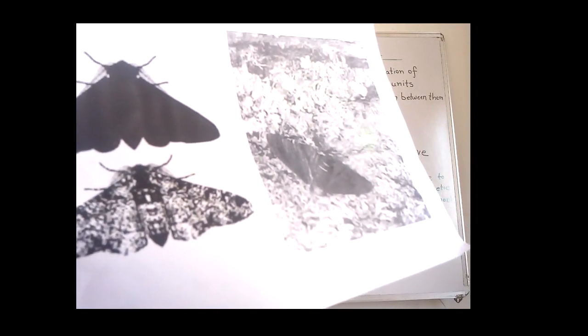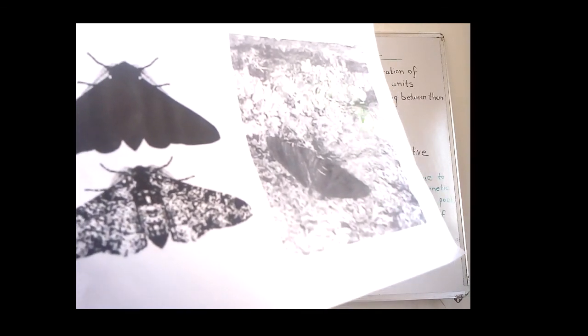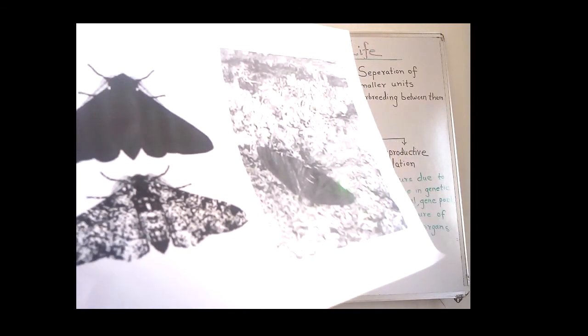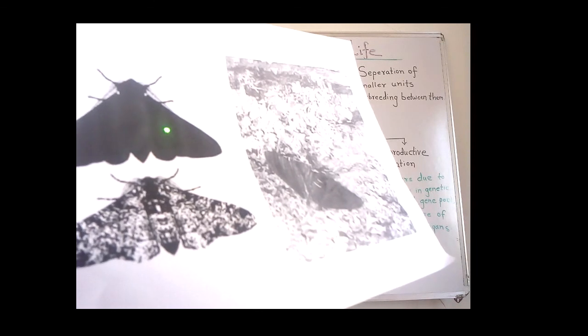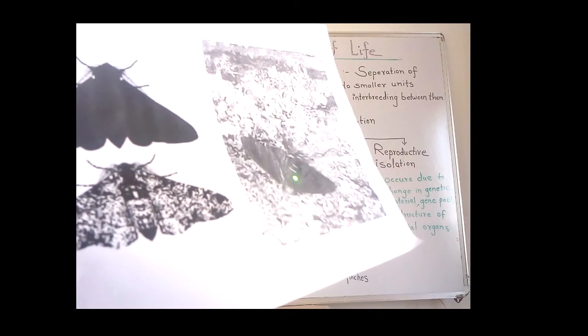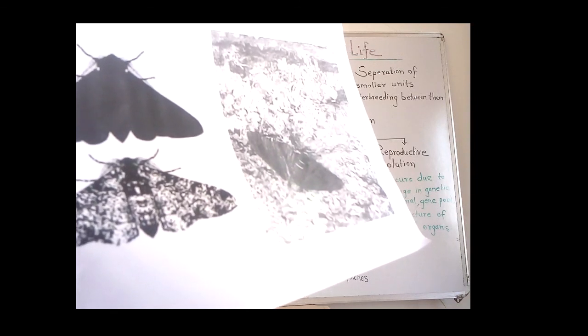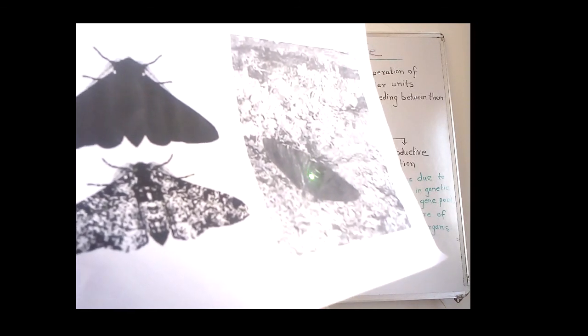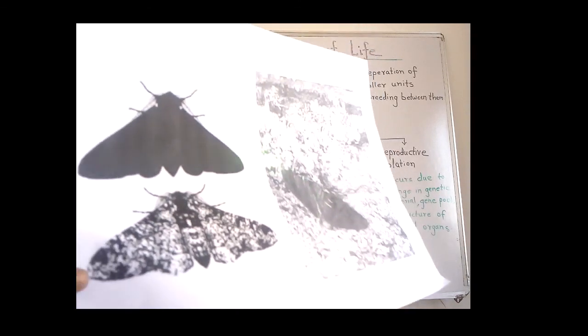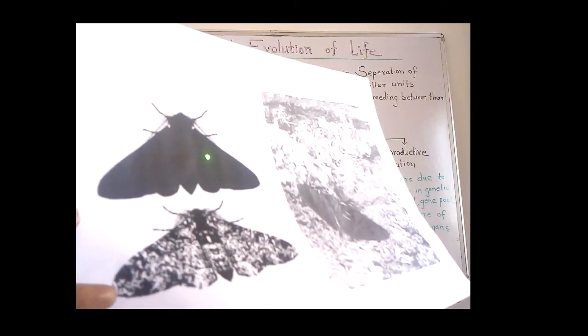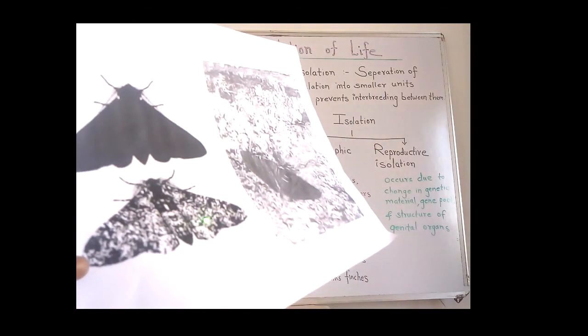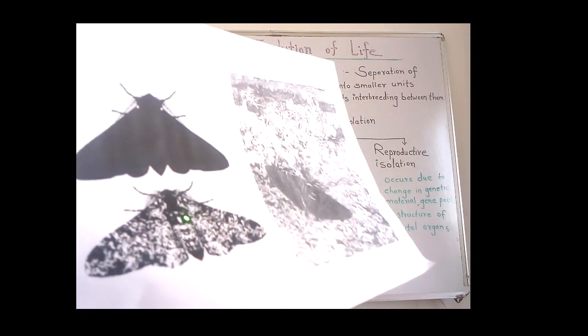All this whitish part you can see is lichen, whereas the black winged moth can be easily located by the predatory birds, and hence it became a victim to them. Due to this, the number of black moths got reduced, and the number of grey white moths increased.